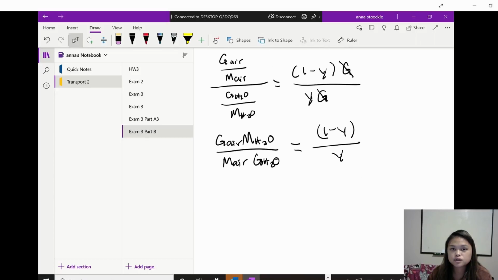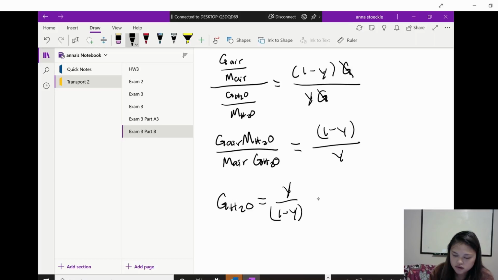So now I can put that also in terms of mole fractions, and write this gas flow rate of H2O, the water vapor, as y over 1 minus y multiplied by the gas flow rate of air multiplied by the molecular weight of H2O, and then put that over the molecular weight of air, and that will give us our gas flow rate for the water vapor.